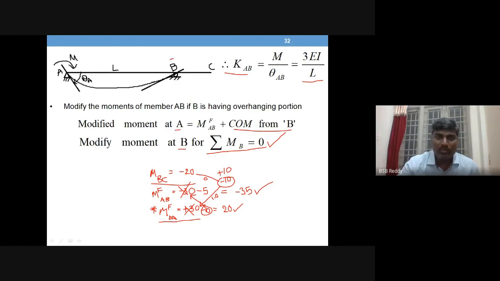Moment at B shall be made 0 by modifying the fixed end moment at B, which shall balance the cantilever moment value, and whatever moment is added at B to make it 0, that value shall be taken to A as a carryover moment. Half the value will be carried to A if it is fixed. So this is the modification.